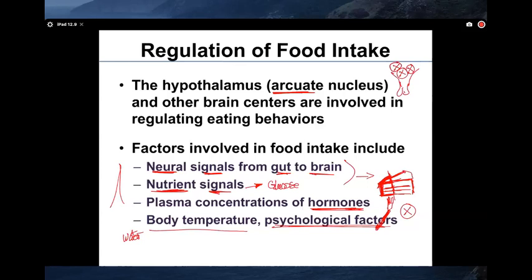Also, lack of sleep and cortisol. Cortisol acts in a different way rather than increasing food intake. It slows down the metabolism. It slows down the breakdown of the fats. So it rather breaks down proteins instead of fats and increases the blood sugar levels.